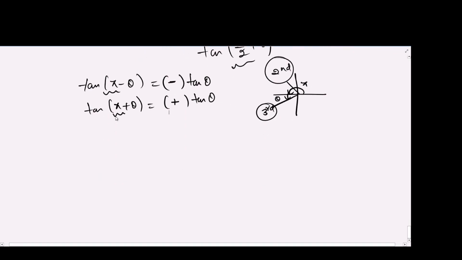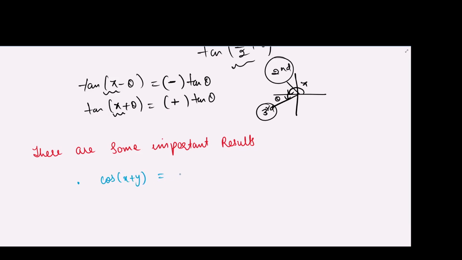So there are some important results. First, cos(x plus y) is equal to cos x cos y minus sin x sin y.